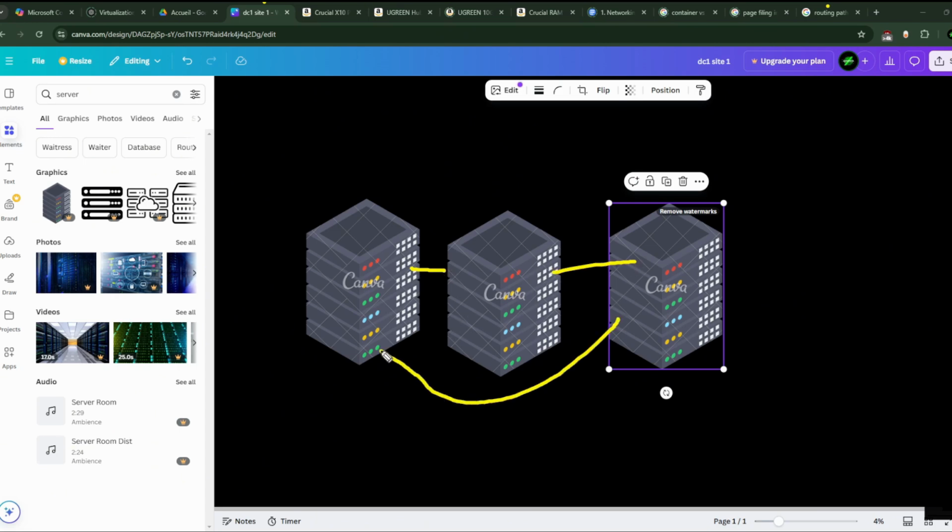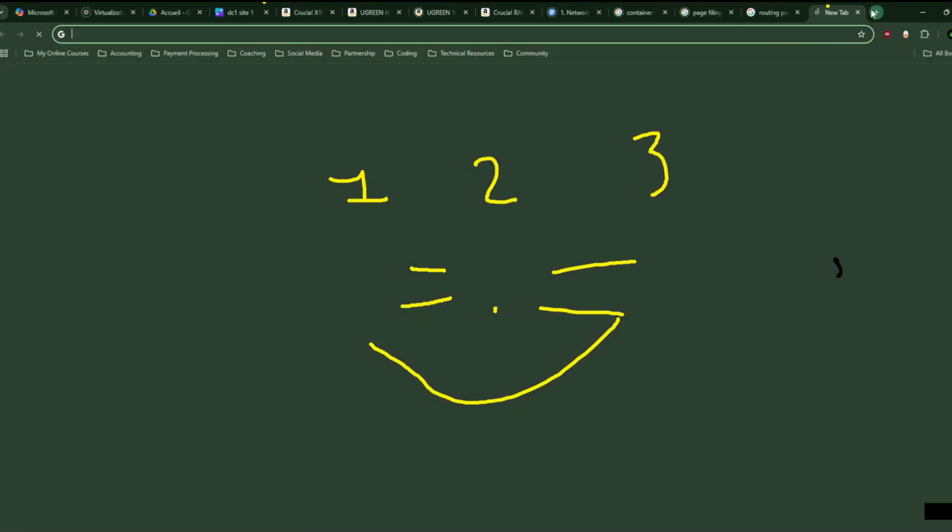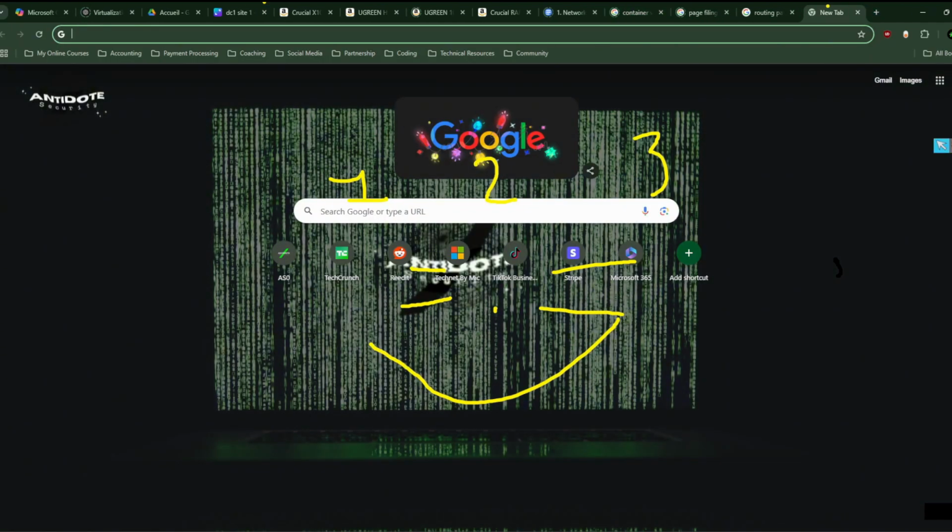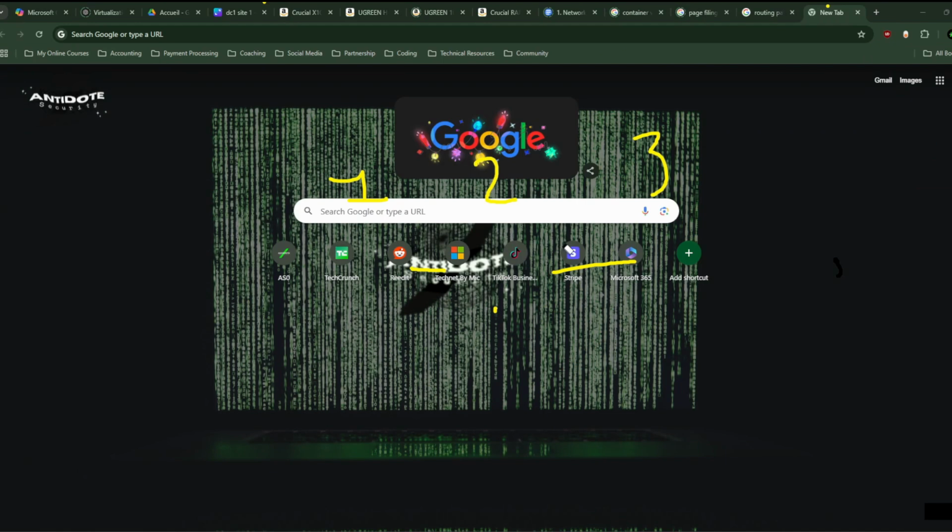Let's say first, second, and third: the first is connected to the third, the second is connected to both of them, but it's more than this. Maybe we could look on the internet for a proper way of looking at this. But it's high redundancy in the way that all the servers are connected to each other.